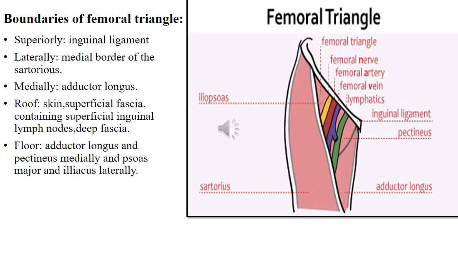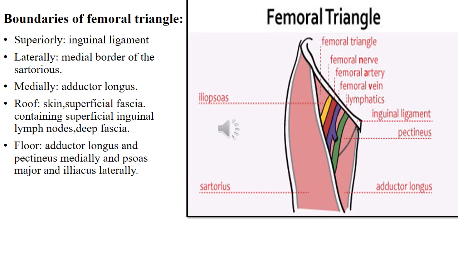The lateral wall is formed by the medial border of the sartorius muscle, and the medial wall is formed by the lateral border of the adductor longus. It has a roof and a floor. The apex is where the two muscles meet, that is the sartorius and the adductor longus, whereas the base is formed by the inguinal ligament.